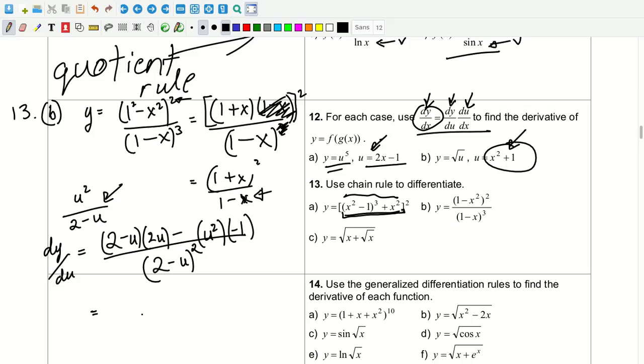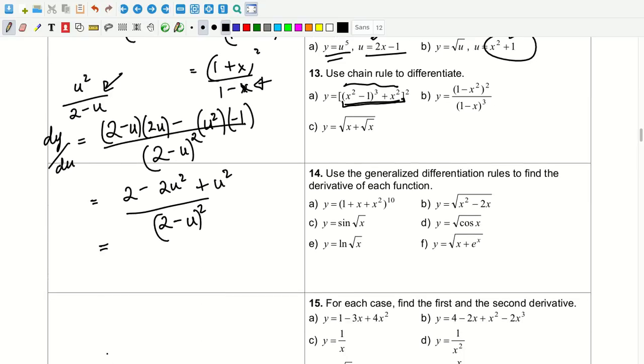So let's see. We can simplify, I hope, and we end up getting 2 minus 2u squared plus u squared over 2 minus u all squared. All right, great. Look at this. On the top, negative 2 apples plus 1 apple is negative 1 apple, so this becomes 2 minus u squared.